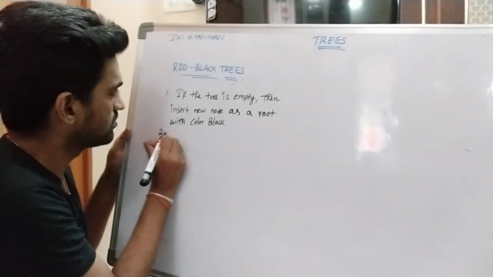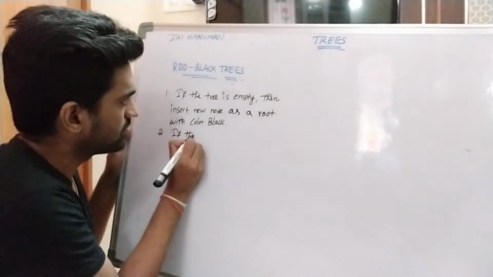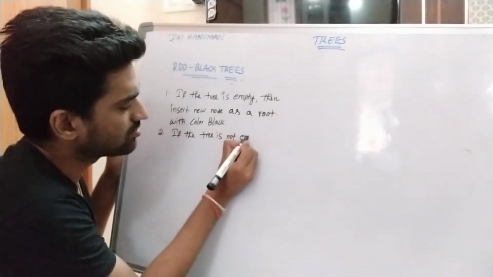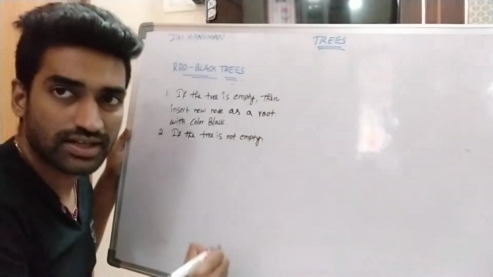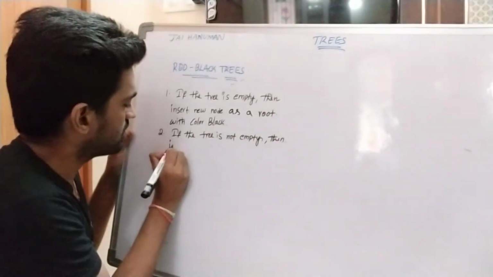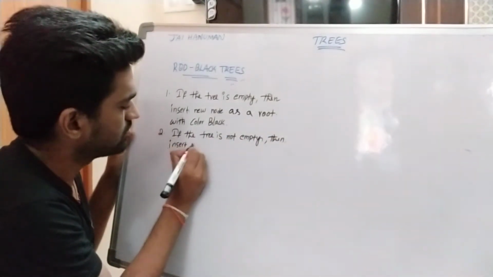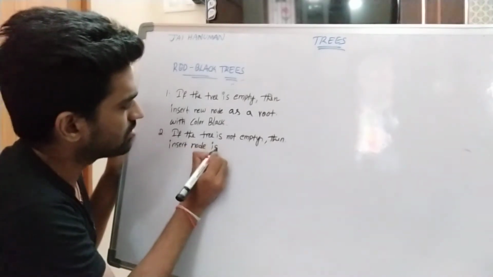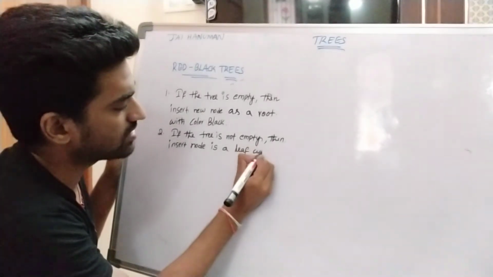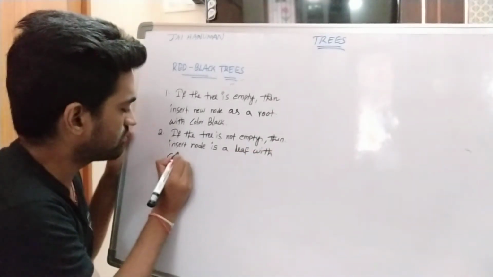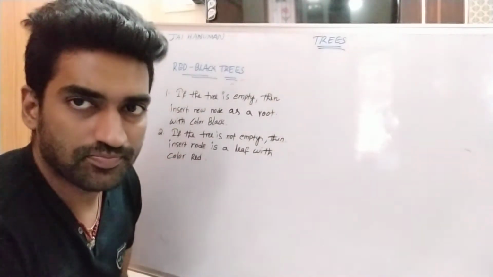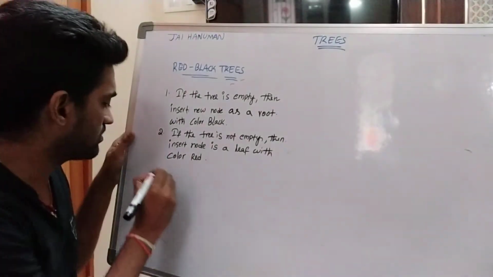If the tree is not empty, then insert the new node as a leaf with color red. So this is the second rule.